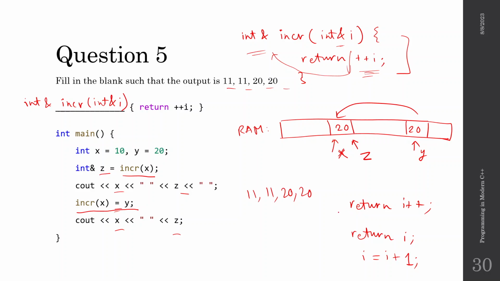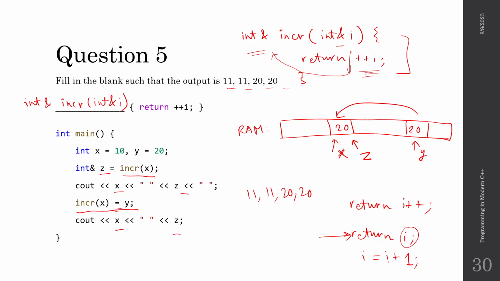So the issue could be that when you are returning this i, remember over here that i is a reference. After you return the value of i, the function finishes, the function ends.